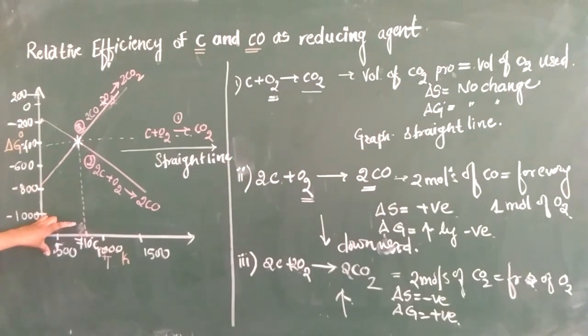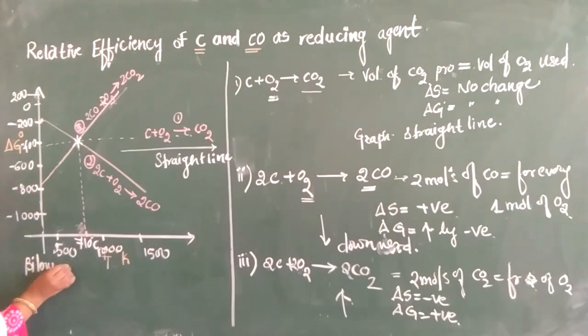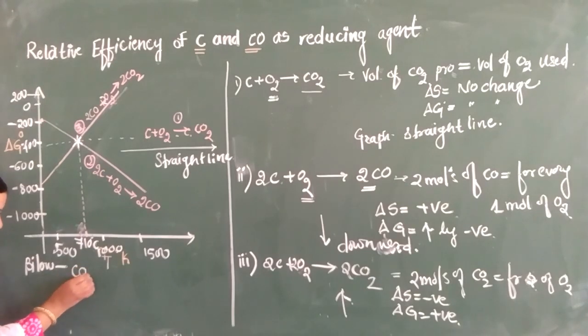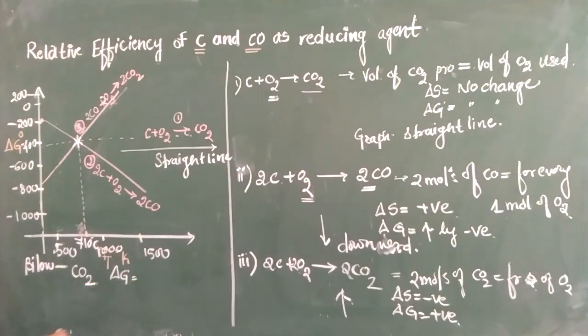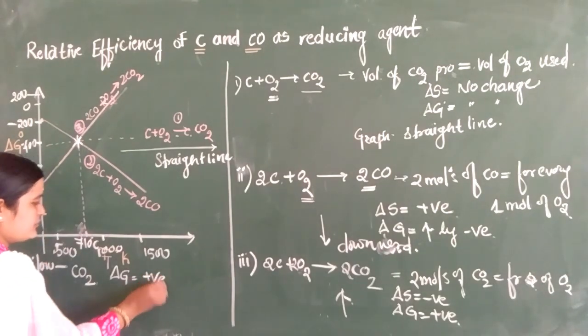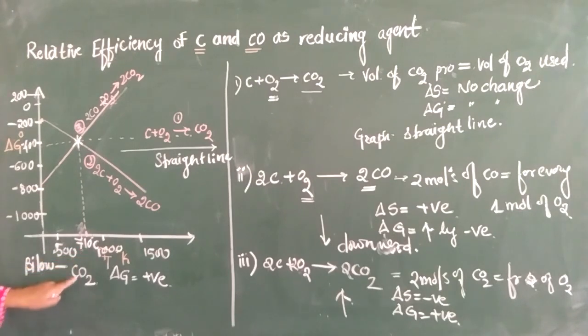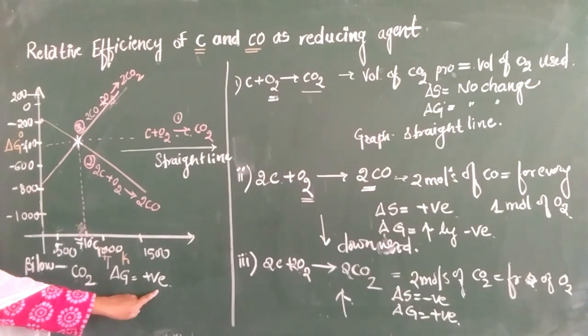At this particular temperature of 710 degrees Celsius, below this temperature, the formation of CO2 is favorable. Below 710 degrees Celsius, the delta G values for formation of CO2 are favorable, and delta G is positive in nature.